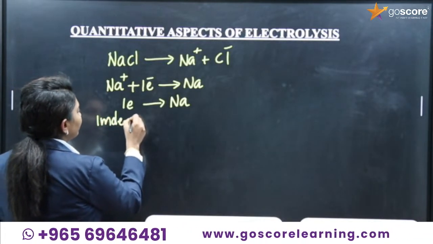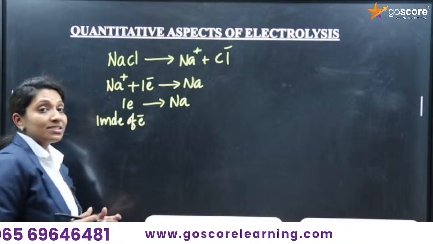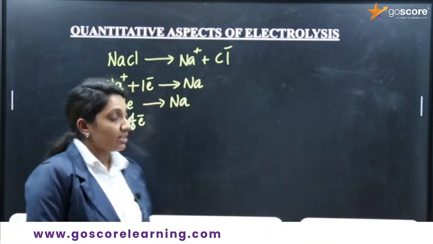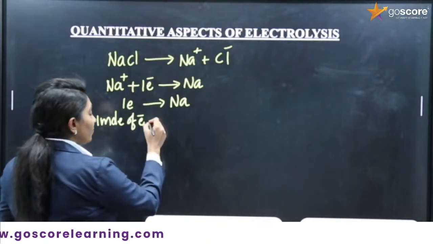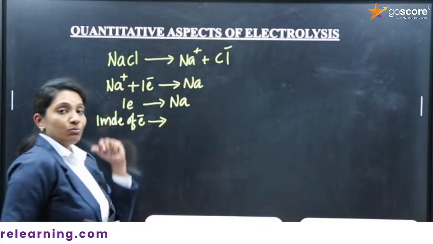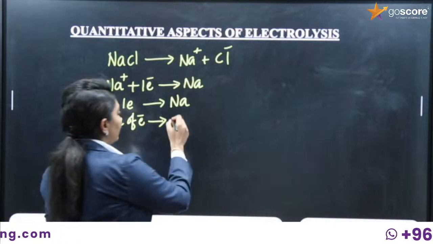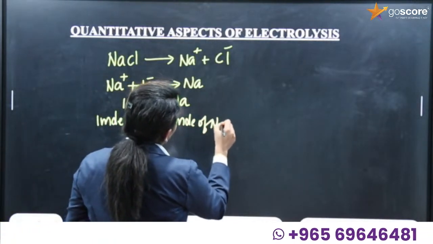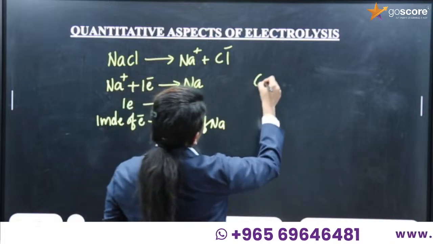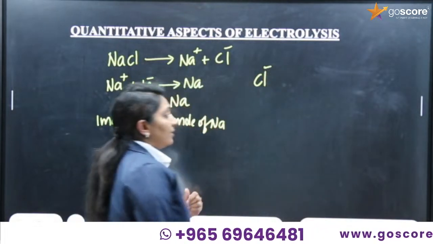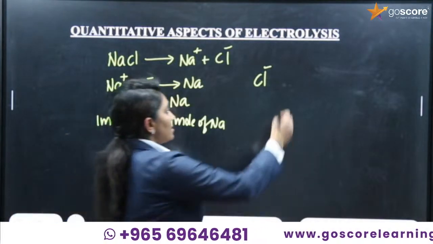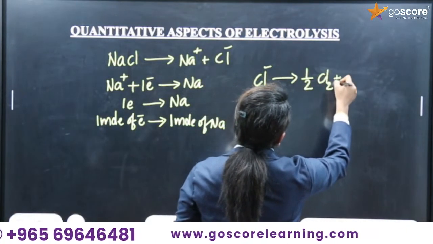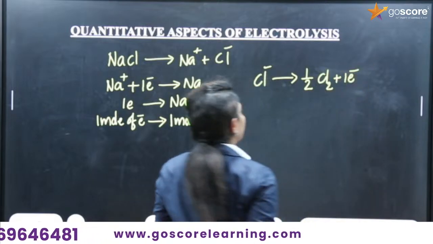1 mole is nothing but the Avogadro number of particles, right? So if it is 1 mole of electrons, it will be 1 mole of sodium, isn't it? Same way we can write for chlorine also. The Cl minus will give half Cl2 plus 1 electron, right?